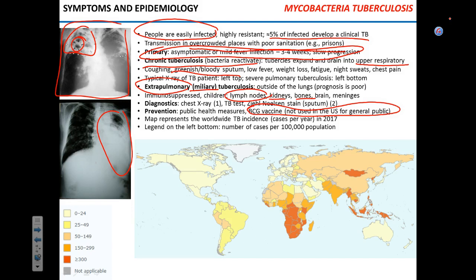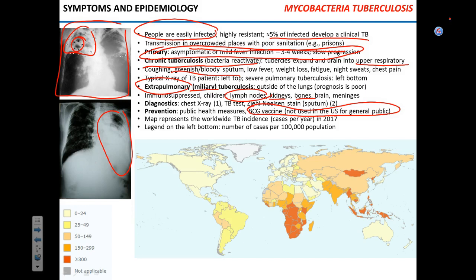The BCG vaccine is used in quite a lot of countries all over the world, but the purpose of this vaccine is not to prevent tuberculosis, but to reduce the transmission of tuberculosis in children and to reduce the number of extrapulmonary cases. So this vaccine is not effective.